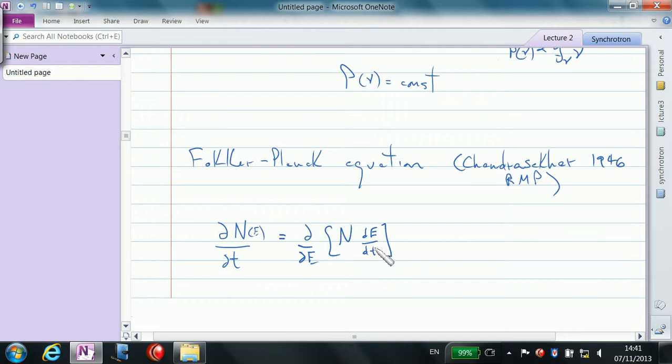This is just the flux in energy space. You could think of dE/dt as being, if E were x, a velocity, and then the density times velocity is equal to the flux. And then it's plus d/dE of dv/dE n.